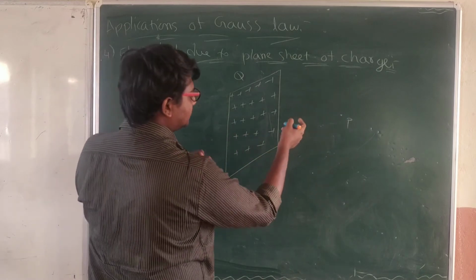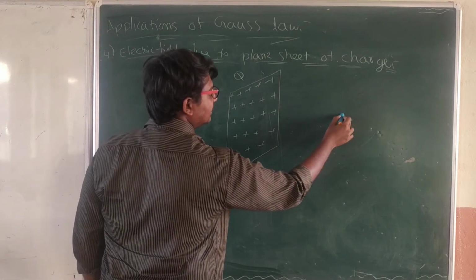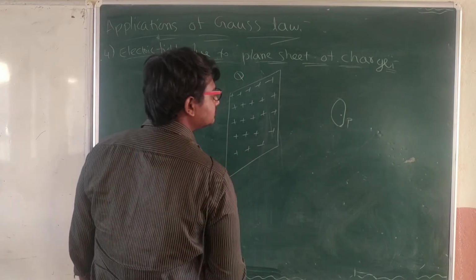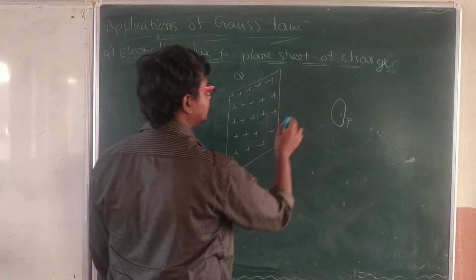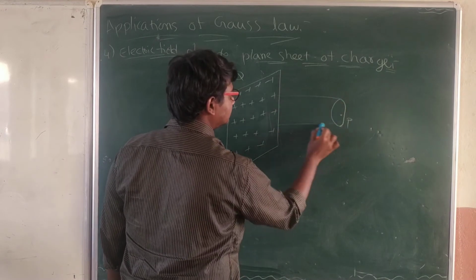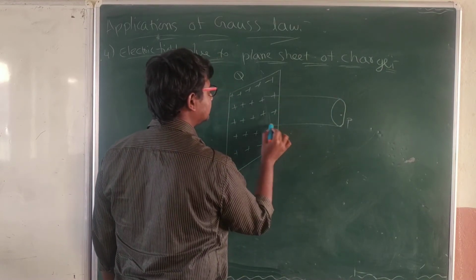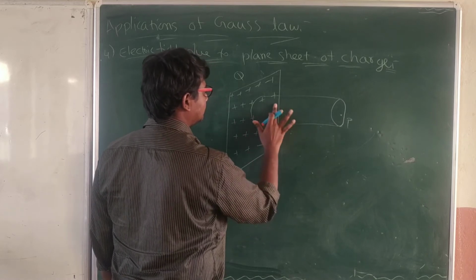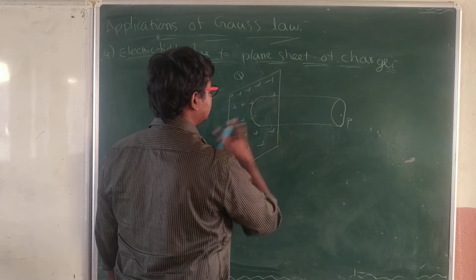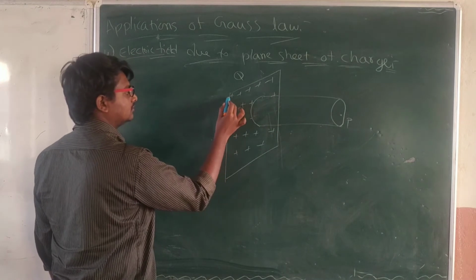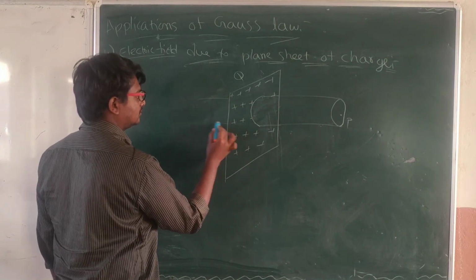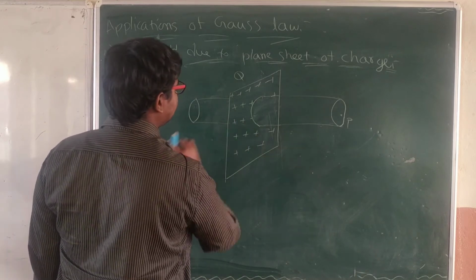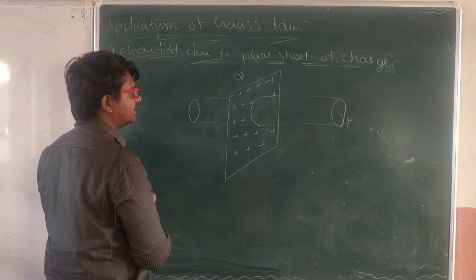Now with respect to that point P, we will consider a Gaussian surface here. Let's consider a Gaussian surface in this manner.